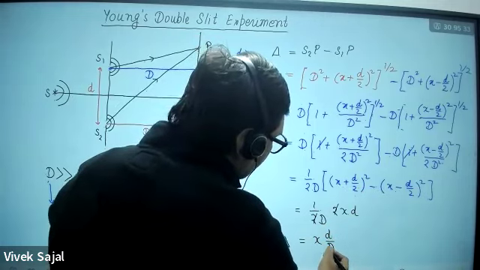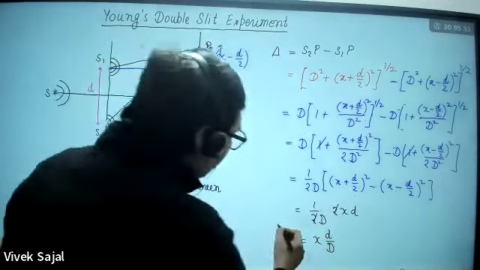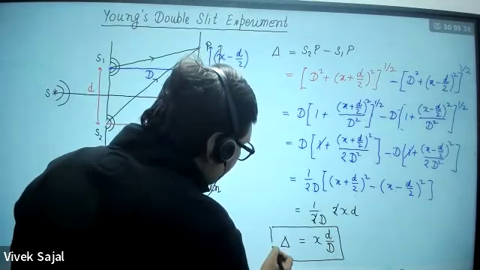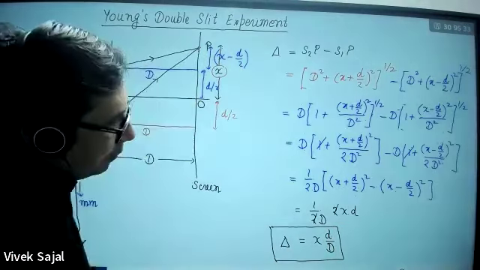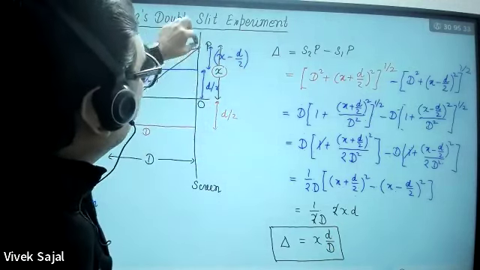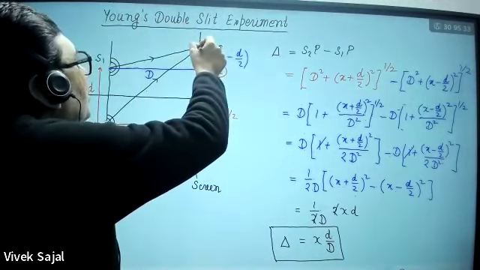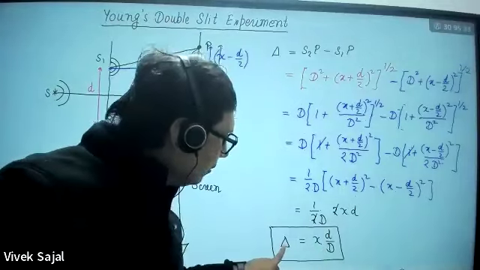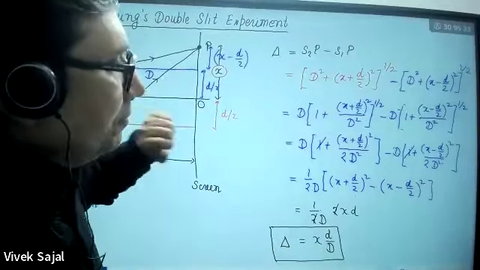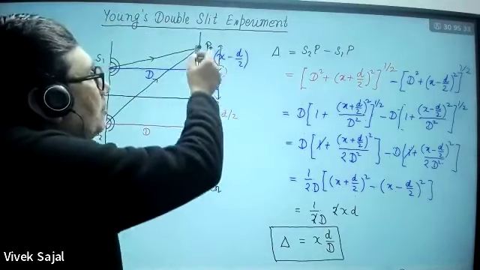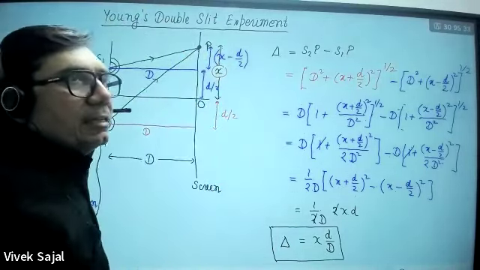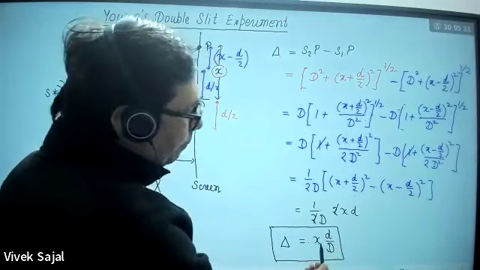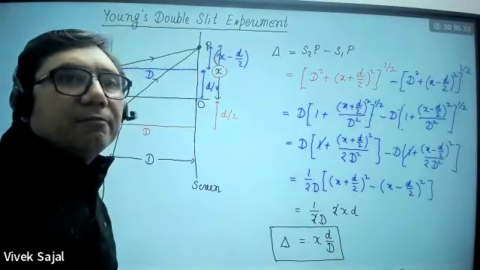So this is a very important formula. Try to understand. Remember this formula always in Young's double slit experiment. What this formula is telling me is, if you have an arbitrary point P at a distance x from the center, and x is given, then I can always find the path difference at this point P. At an arbitrary point P, at a distance x from the center, the path difference will be xd by D. If they provide you x, you can always find delta, the path difference.